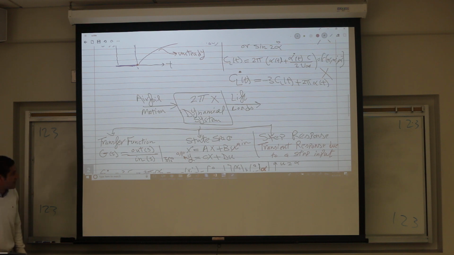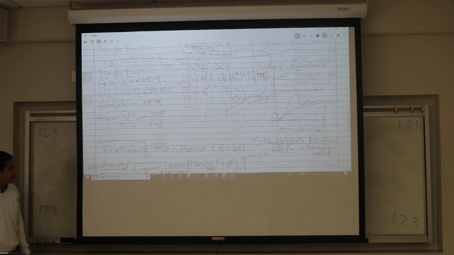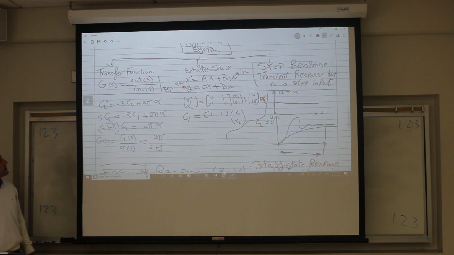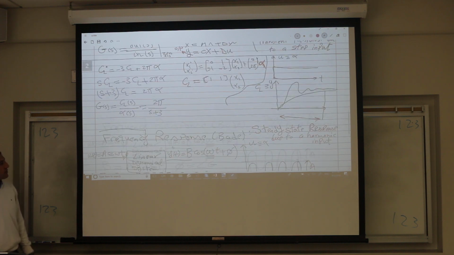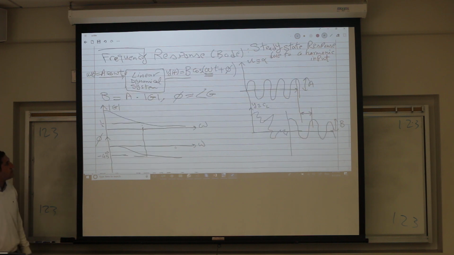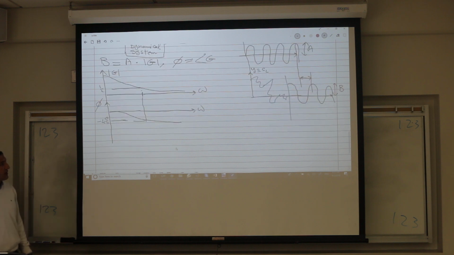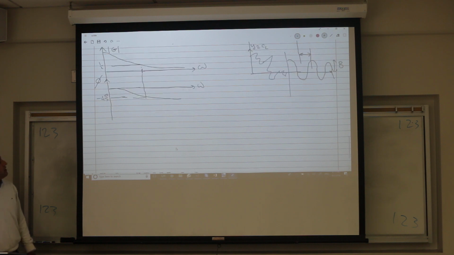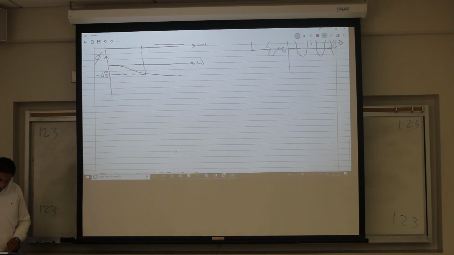You represent it by a transfer function, by a state space model, by a step response, by a frequency response. And please go and review these 4 things from your 170 course. Okay? We'll not have time to review them here. We'll go ahead as if you know them completely. If you have any questions, just stop me. Okay.